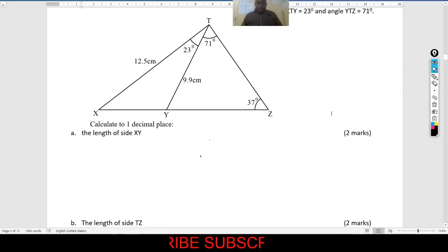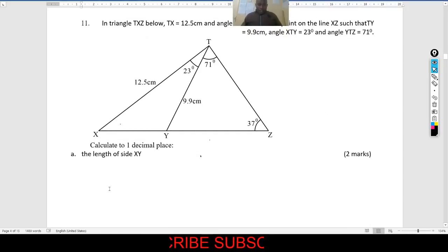Now, a question like this one is giving you a triangle, of course. We are given TX, we are given TY, and this angle. We are asked to find the length of XY.